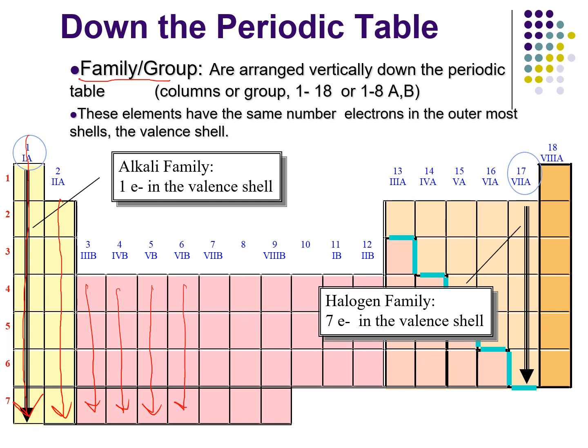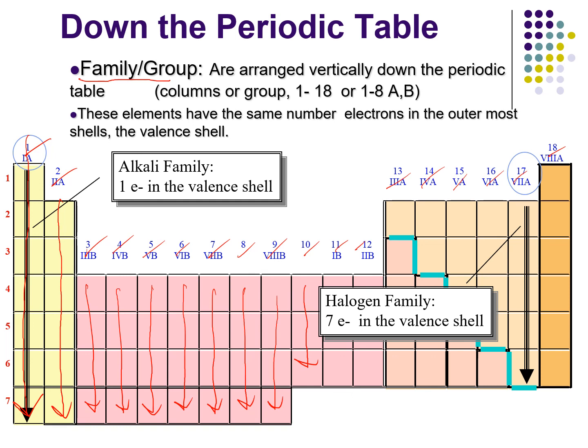Okay? So, the top to bottom arrangement or columnar arrangement of elements in the periodic table is called a family or group. So, kung bibilangin natin, 1, 2, 3, 4, 5, 6, 7, 8, 9, 10, 11, 12, 13, 14, 15, 16, 17, 18.